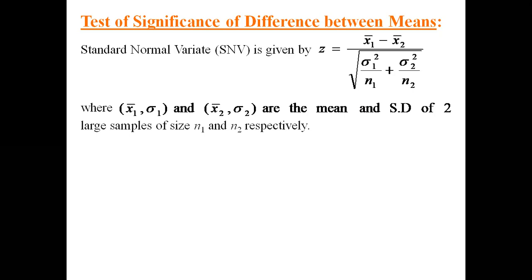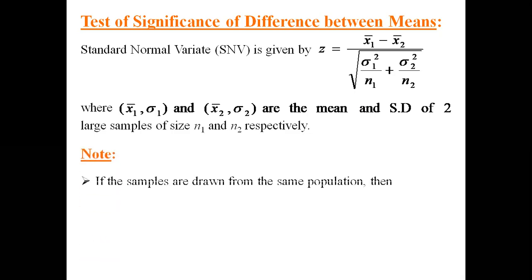An application of z-test is always for large samples. So x1 bar and x2 bar represent the means of those two samples n1 and n2. Sigma 1 and sigma 2 represent the standard deviations of those two samples.